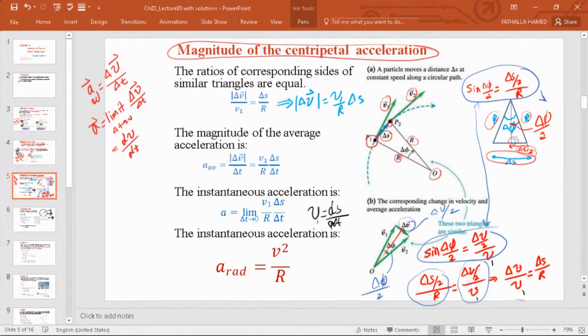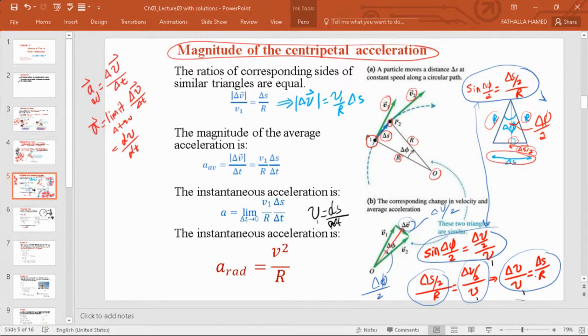And what you have here is delta V over V1 will equal delta S over R. So this triangle here and this triangle here, I can basically relate them as delta V over V equal to delta S over R. Is this clear? Any question on this point here? Is this clear? Okay, on this point.